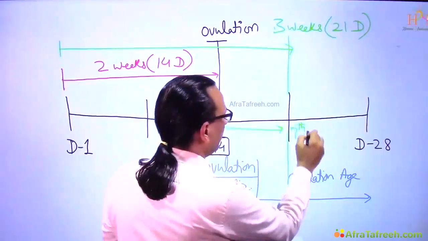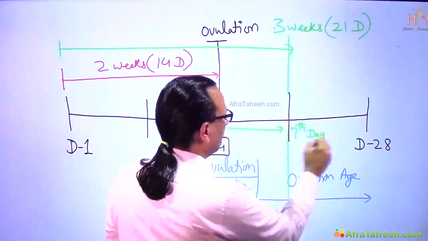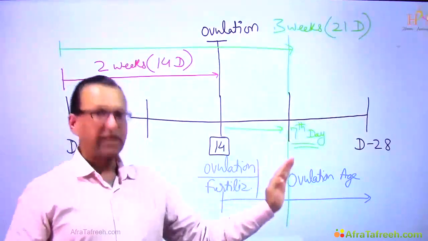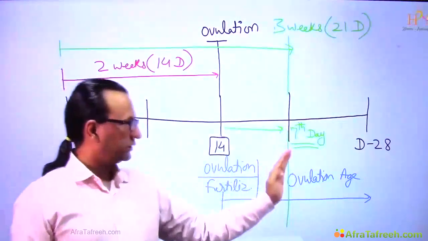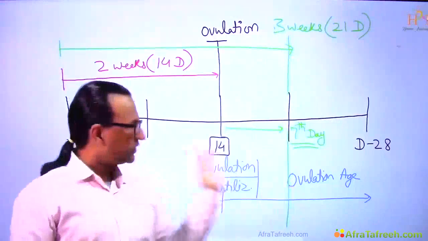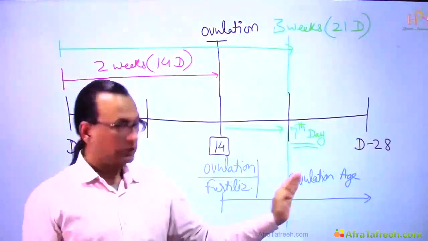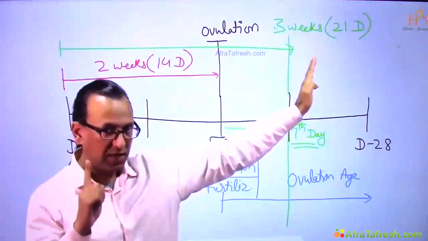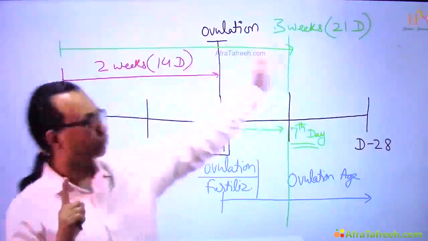So within a week, basically, it will be happening within a week, or it is day number 7 post ovulation that the implantation will be occurring. But this is week 1 post ovulation, and it is week 3 post first day of last menstrual period.